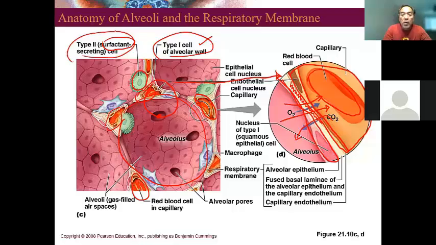So if you use it clinically, you'd actually notice that a baby that is born prematurely will have some problems with breathing because they're not actually secreting surfactant yet, on the type 2. So that's the reason why they have to be placed in an incubator, okay, because the alveoli are collapsed.